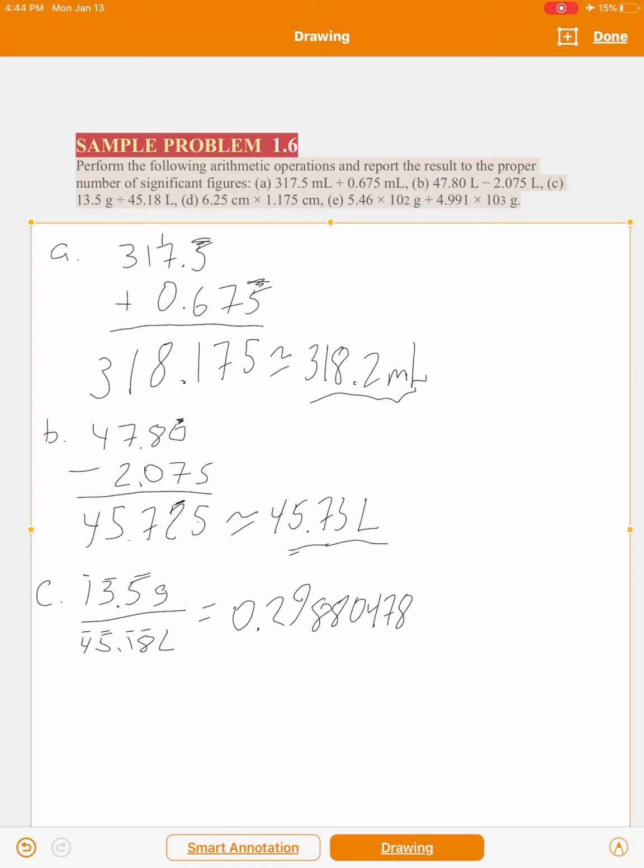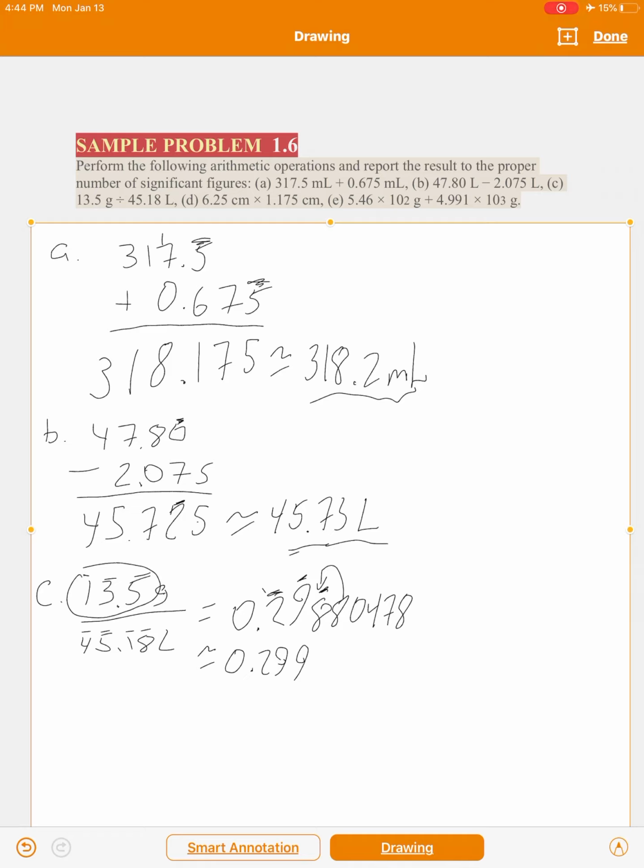But since this numerator only has 3 sig figs, our answer has to have 3. So 1, 2, 3. Remember, leading zeros do not count as sig figs. The number that comes after it is 5 or greater, so we round it up. So this is going to become 0.299.